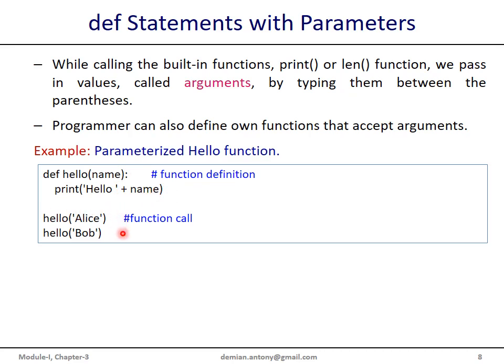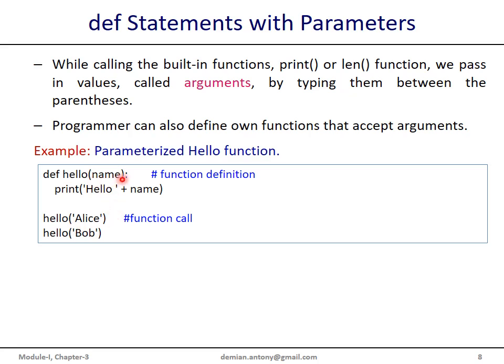This is the main program, the main segment. The function is being called two times, and the parameter that we are supplying in the function call, this is the function definition, this is the function call, this is called an argument. Normally in programming terminology, we use the words actual parameter or actual argument.